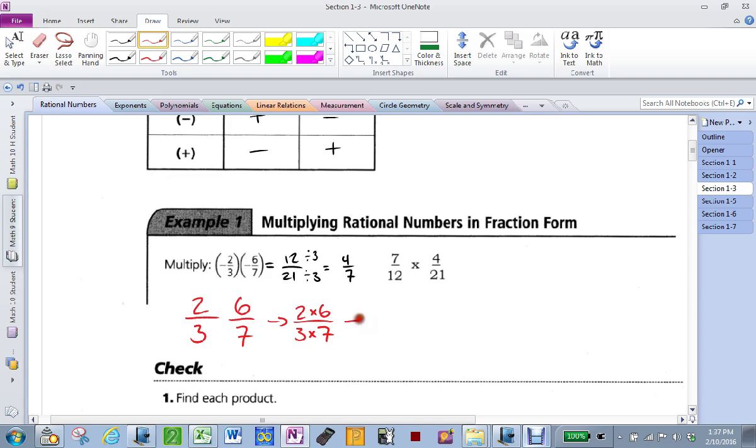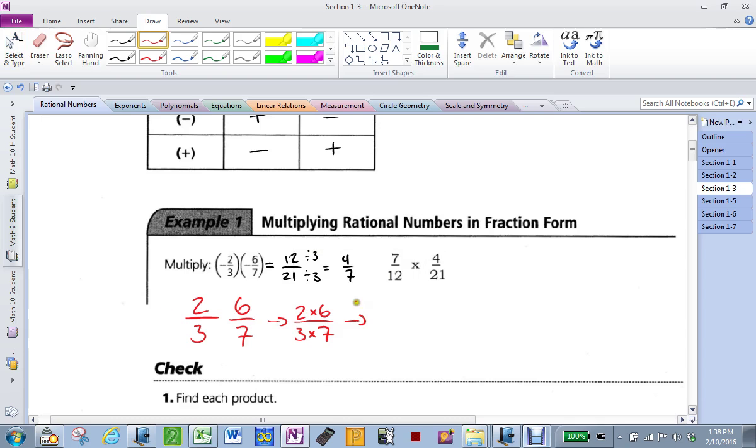Now, here's where it's going to get a little funky for a second. What's 5 times 2? 10. What's 2 times 5? 10. Does order matter when you multiply? No. There's a special math word for that. It's called commutative. You don't need to know that word until grade 10, but it is a word.